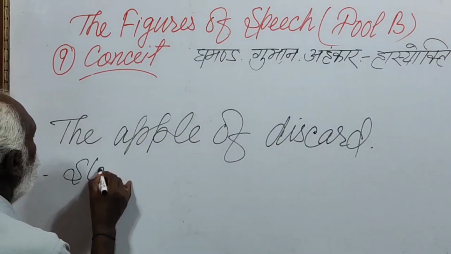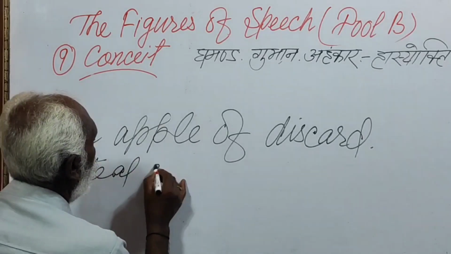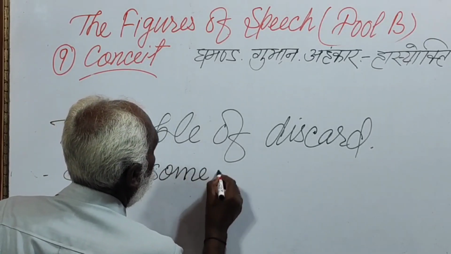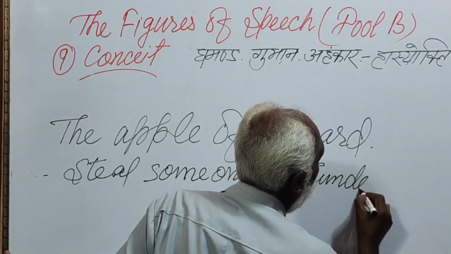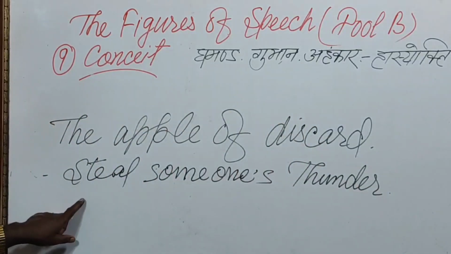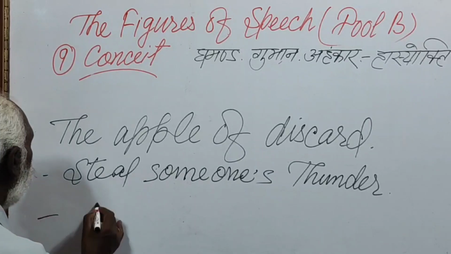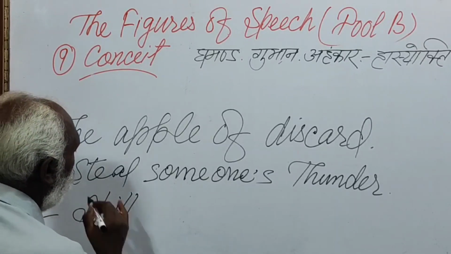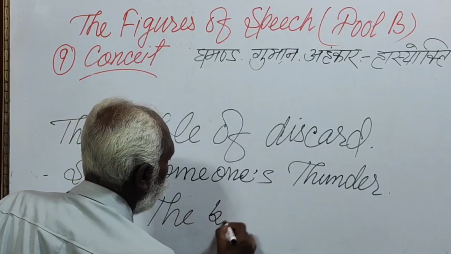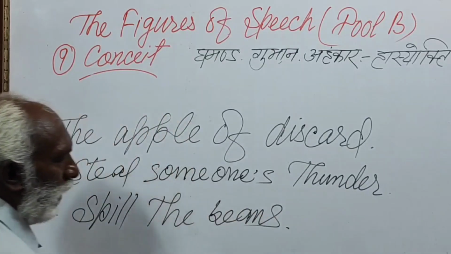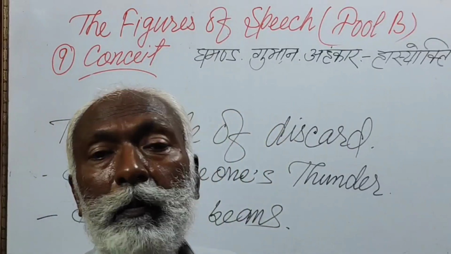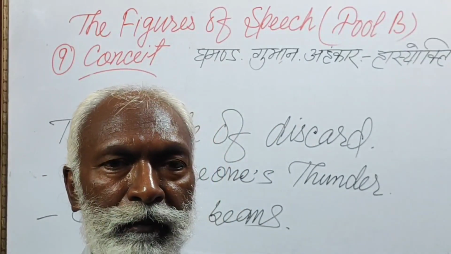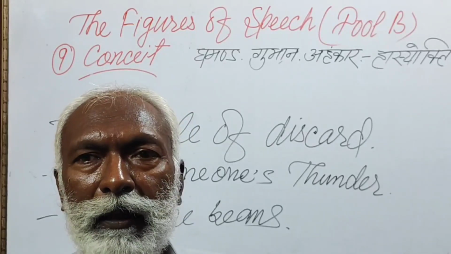Steal someone's thunder, to take away someone's glory. Spill the beans. So these are some idioms I have written here as examples displaying conceit. Okay dear, wish you all the best.